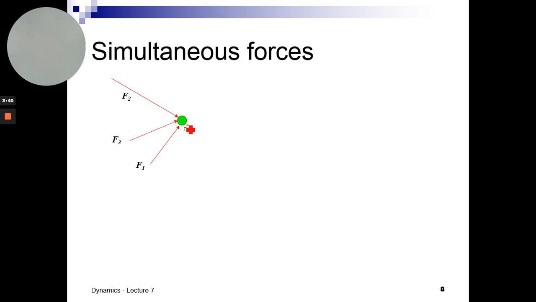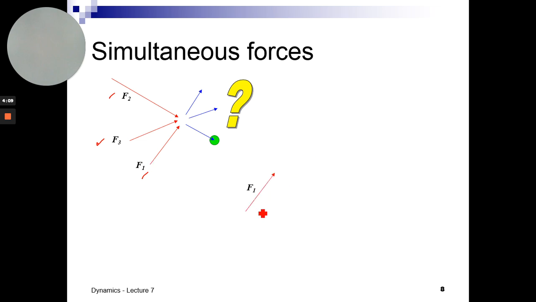Let's say the green particle is being acted on by external forces F1, F2, and F3 at different angles. What is the resultant force and resultant acceleration?